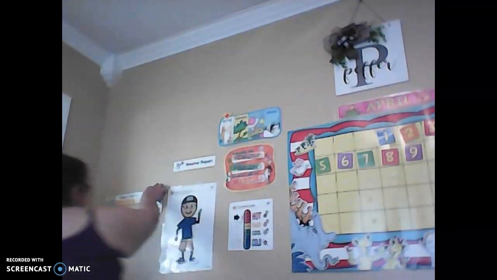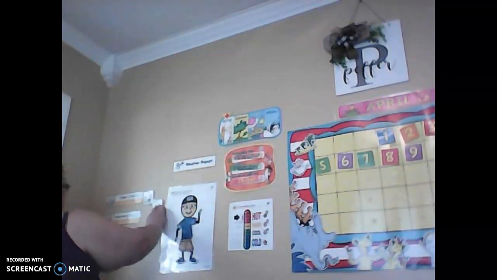Okay, so let's start with today. Today's 86. So let's see. Which picture should I put up for our weather today? Should I put up hot or cold? 86 degrees. What do you think? Yes, I think 86 degrees is pretty hot. So we're going to put up hot for today.